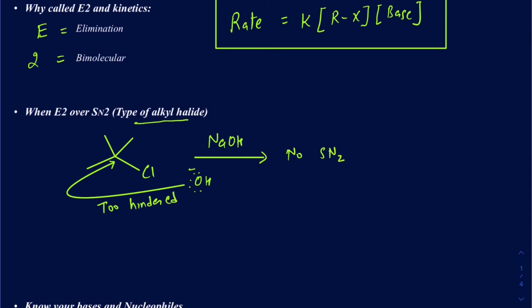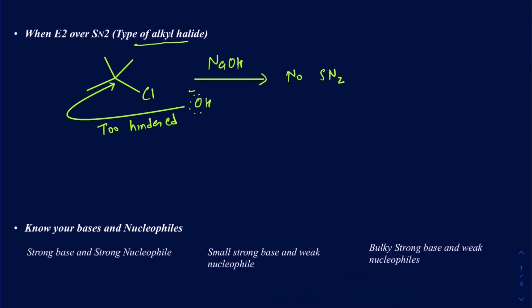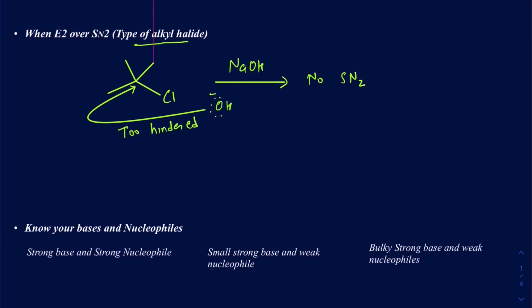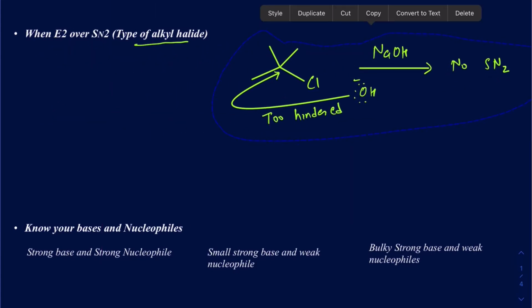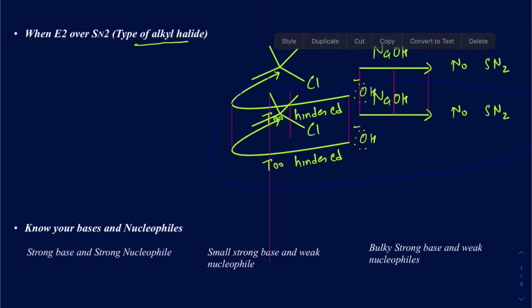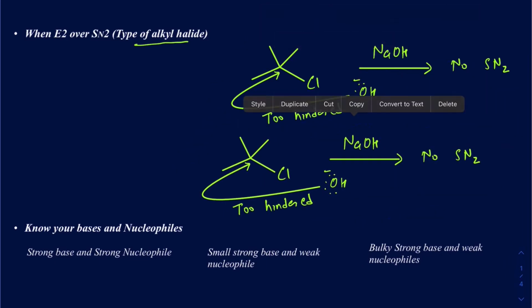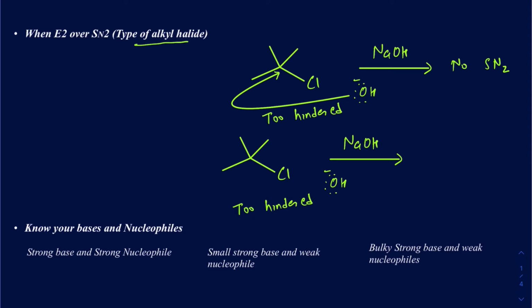But instead, what happens, you can have an E2 mechanism where if I just take the same stuff here, maybe you can just move this to the left side or to the right side here. Have a little bit of space. And then let me just copy that down here. So since it was too hindered, what it's instead going to do, it's going to look at your beta protons.